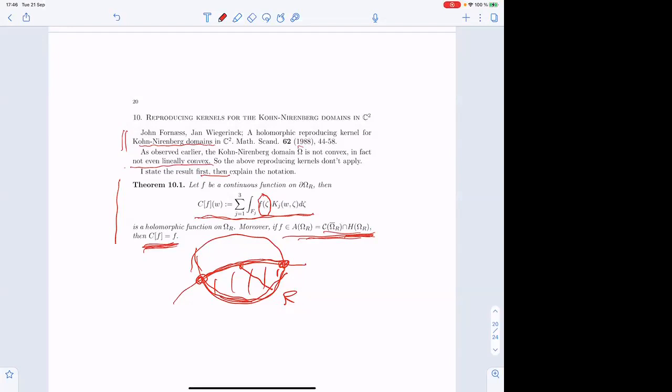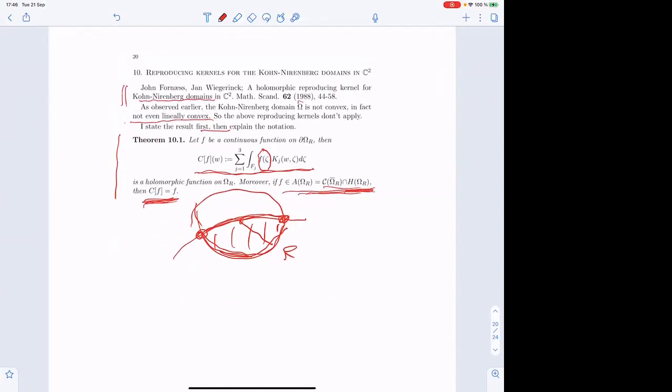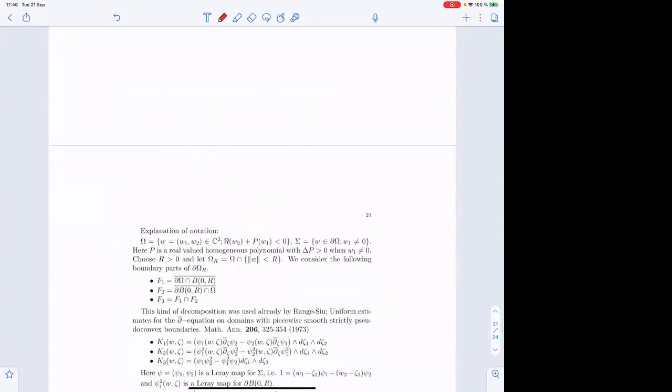And how to do this? Well, I don't have much time left. It doesn't matter. It's just very technical. As I said, first of all, it's a Range-Nirenberg example. So you talk about the real part of W2 plus a homogeneous polynomial, and then some nonsense added term, doesn't matter. And the crucial part is that the bad points are W1 equals 0.